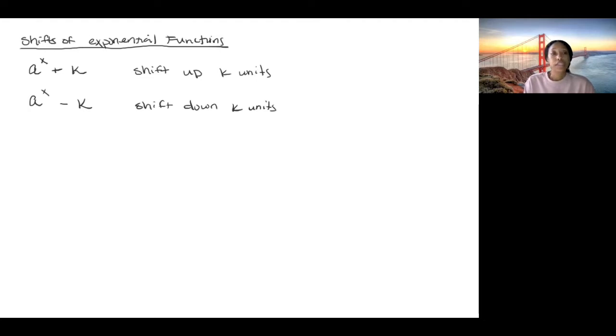Then remember, for shifting left and right, we add or subtract a number from the x. And this time the x is in our exponent. So if we have a to the x minus k, so we're subtracting a number from our exponent, subtracting from the x will shift our graph to the right, k units.